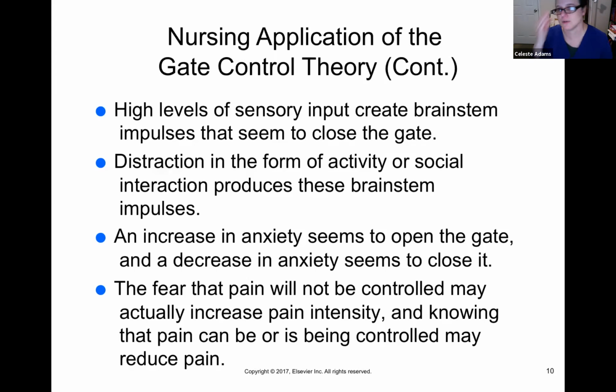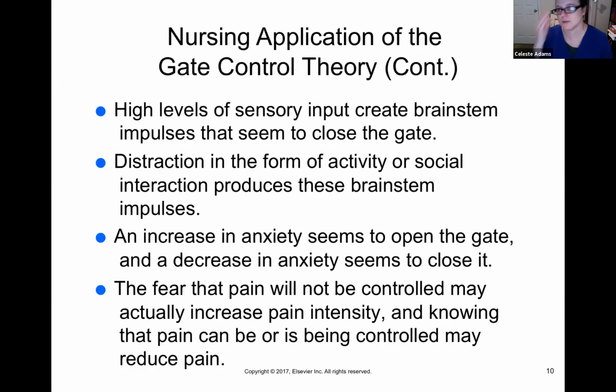Like I said, sometimes it works, sometimes it doesn't. It says distraction in the form of activity or social interaction produces these brainstem impulses. An increase in anxiety seems to open the gate, and a decrease in anxiety seems to close it.